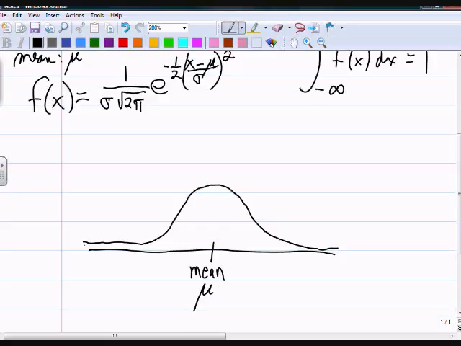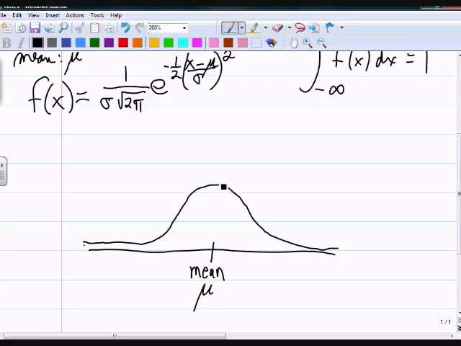This curve has inflection points. What happens at an inflection point in calculus? The second derivative equals 0. Good. Some of you remember that.